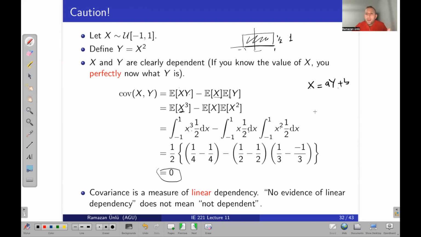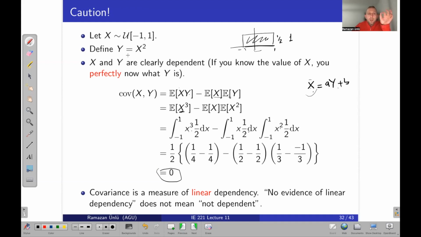the covariance will not be 0, because they are linearly dependent. You can define x as a linear combination of y, or as a linear function of y. So the covariance is a measure of the linear dependency.